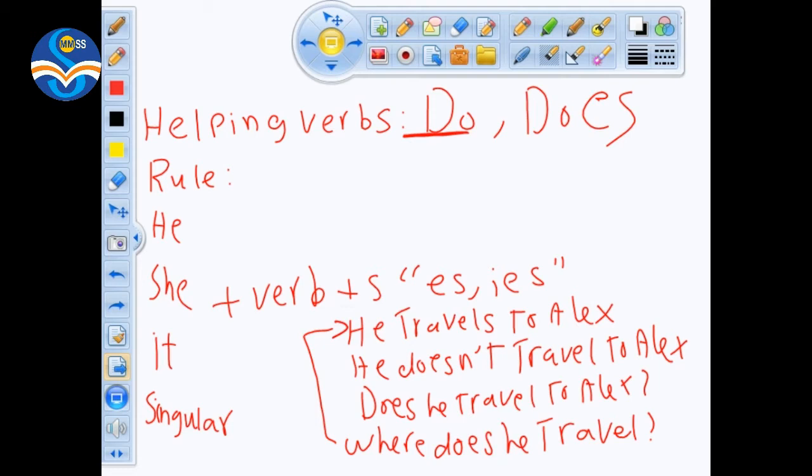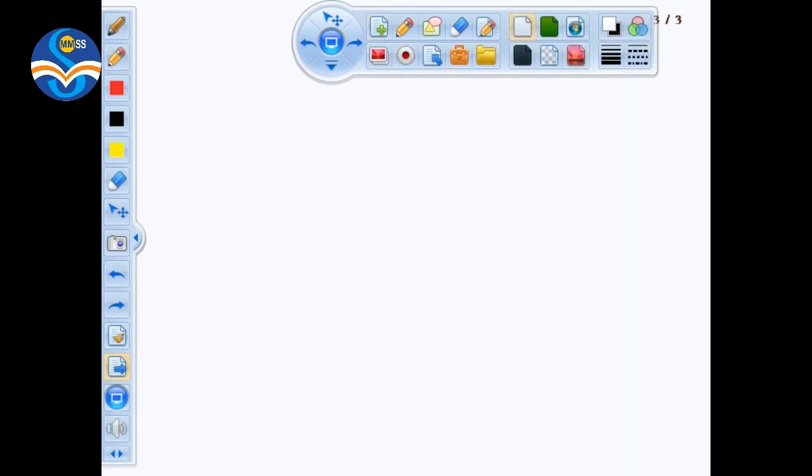Now, I think it's clear enough how to form a sentence using the present simple, whether with he, she, it, or singular, or even with I, we, you, and they. There are last two things we need to know about the present simple, and then we are going to move to solve some exercises together.